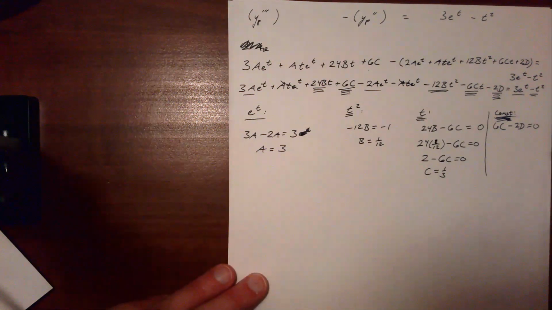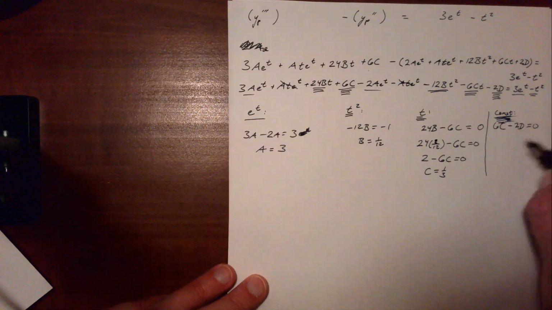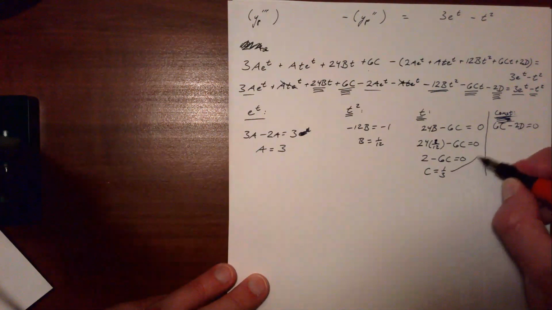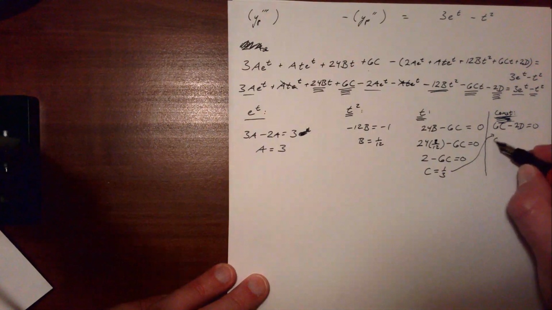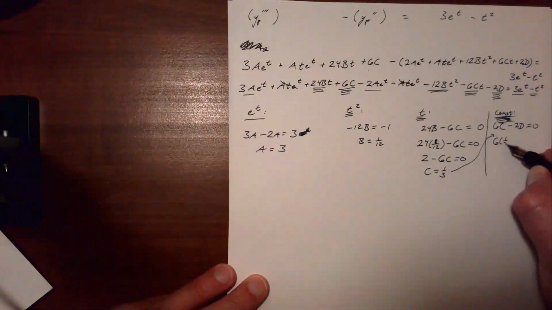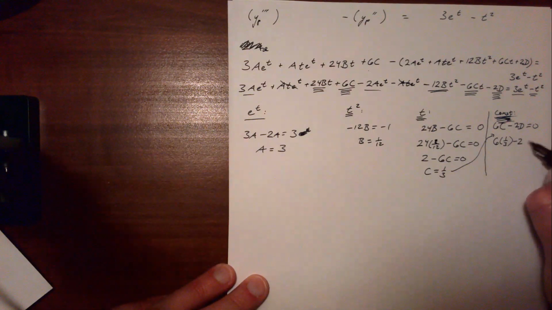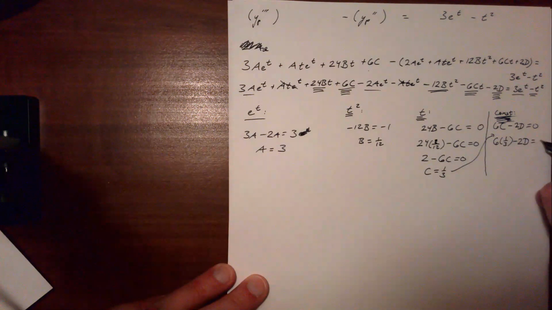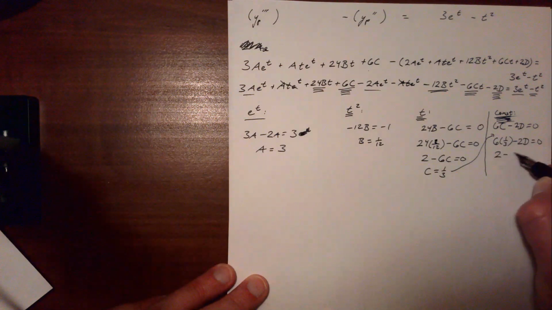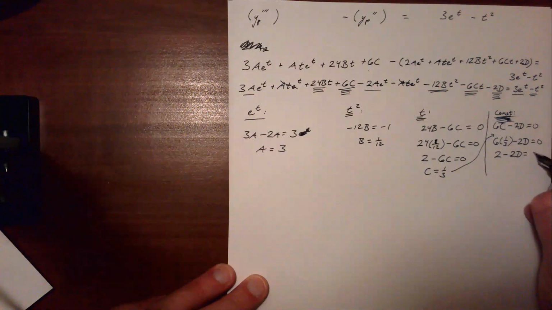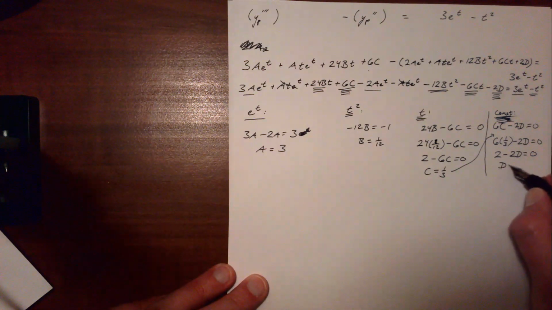Okay, so then what this means is, based on up here, 6 times 1/3 minus 2 times d equals 0. 2 minus 2d equals 0. So then d, I guess, equals 1.